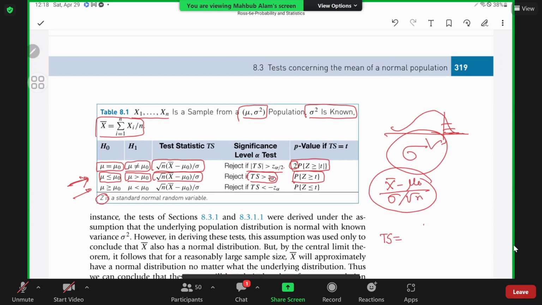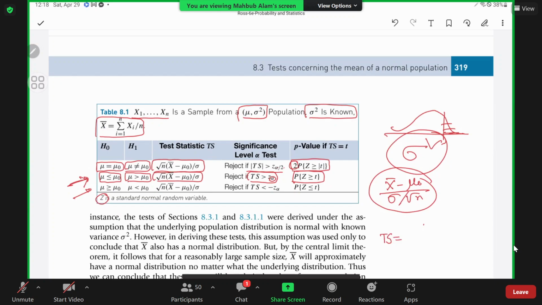In that case, the null hypothesis is that the mean is equal to mu naught, and the alternate hypothesis is mu not equal to mu naught. The test statistic is the same, replacing sigma by S, and here Z alpha by 2 is replaced by T alpha by 2, n minus 1.